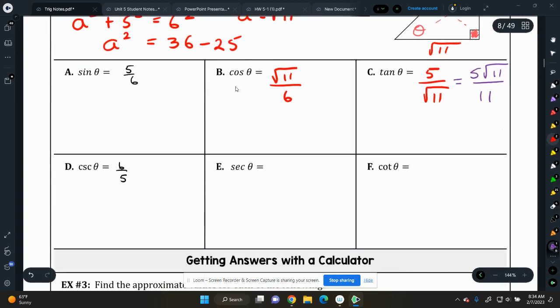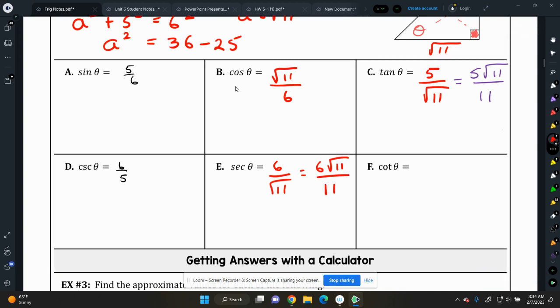Secant is the reciprocal of cosine. So that's going to be 6 over square root of 11. So we have to do our move and remove again. So we move it up and we remove the radical from the bottom. Okay, cotangent is the reciprocal of tangent.